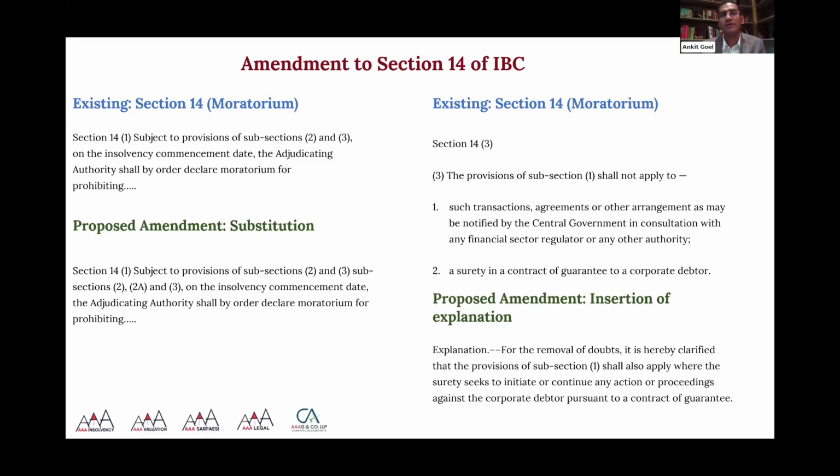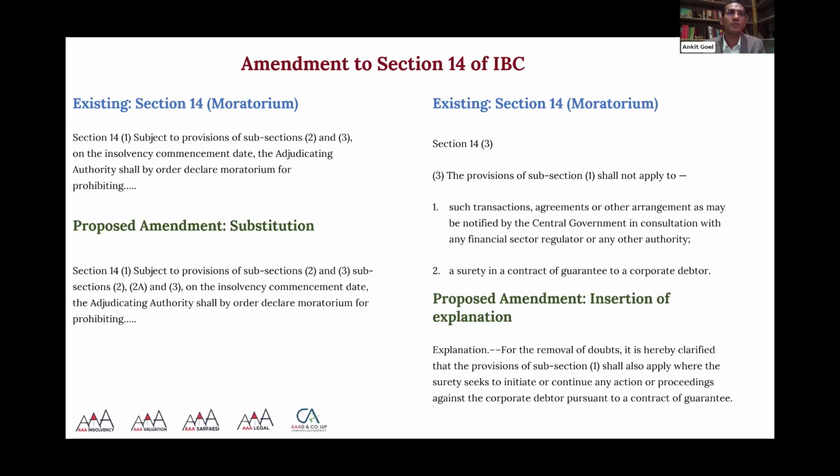So there is a problem with the existing 12A scenario. Also, there is a very strong incentive for the CD to go to NCLAT, get a stay on the COC formation, and try to settle with just one creditor. And when that happens, the CIRP starts again after some time. So that again is a problem.